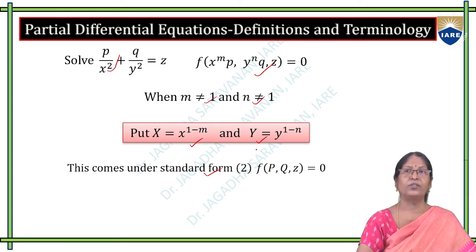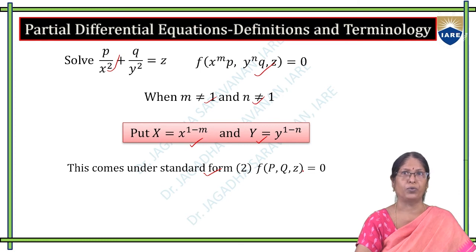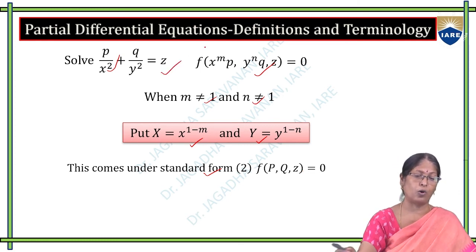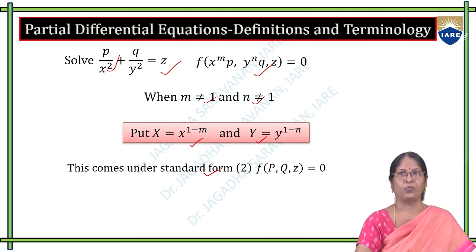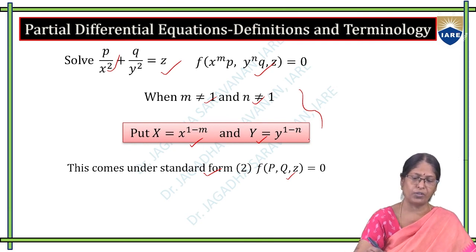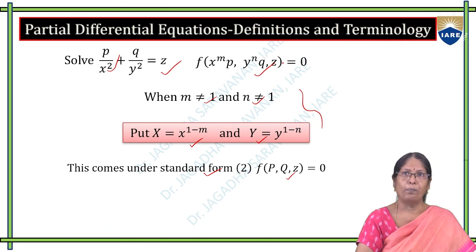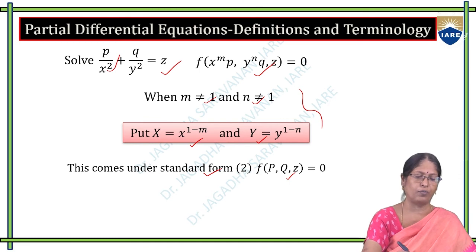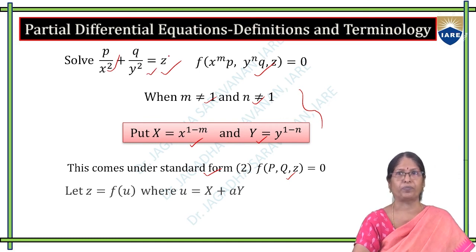And this comes under f of p comma q comma z equals 0. That is, this is standard form 5 that we reduced to standard form 2. Then adopting the two conditions, we have to solve whatever the problems are. So for the defined standard form 5, these are the terminology subject to that, combined, and finally we will get the required result of our given equation.